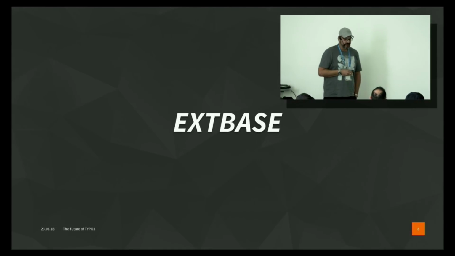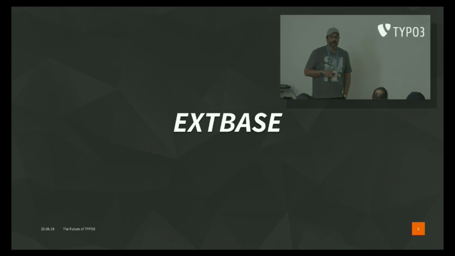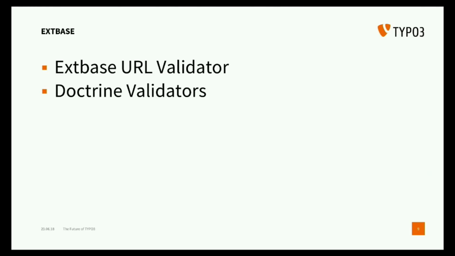Then there's a couple of changes to Extbase, which I know nothing about, but somebody else might find those helpful. So what we do have is a new validator that basically validates URLs in your models, which should come in handy. We have the Doctrine validation annotations.